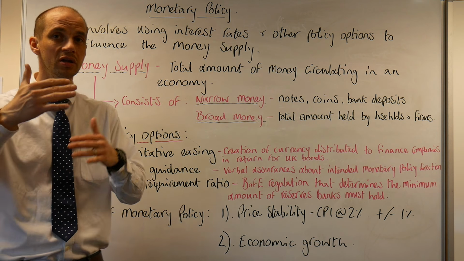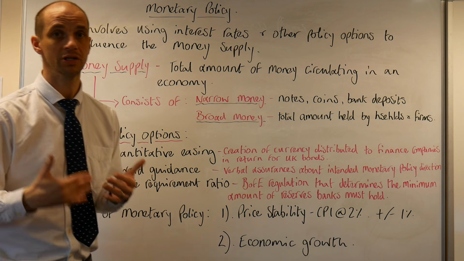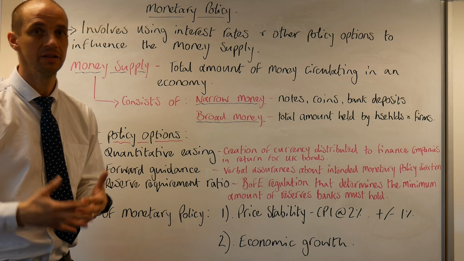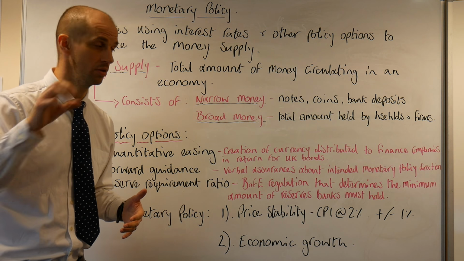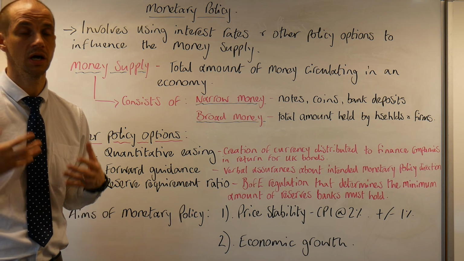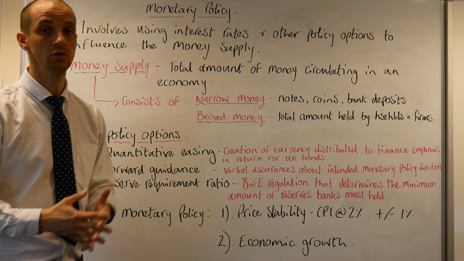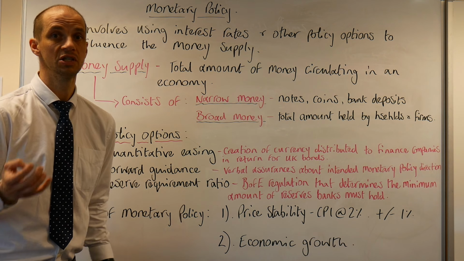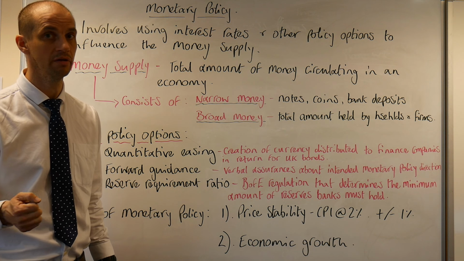Okay, so they are given some leeway there, and should they not manage to actually uphold that plus or minus 1%, then they need to write a letter to the Chancellor of the Exchequer. So the Governor of the Bank of England will write that letter, and really that is just highlighting the responsibility that is given to the Bank of England to ensure that they are working towards that medium term aim of achieving 2% level of CPI inflation.